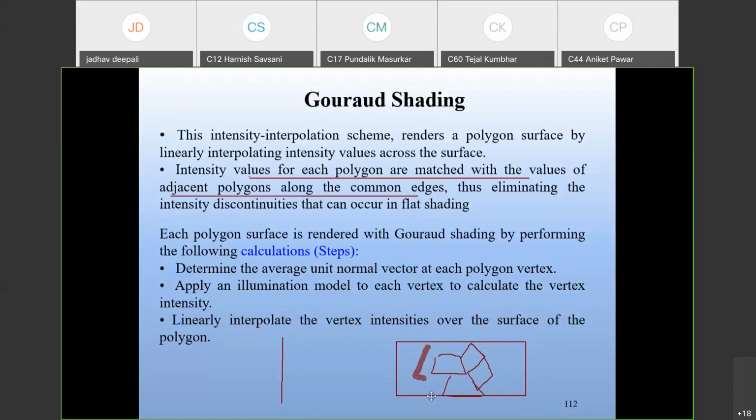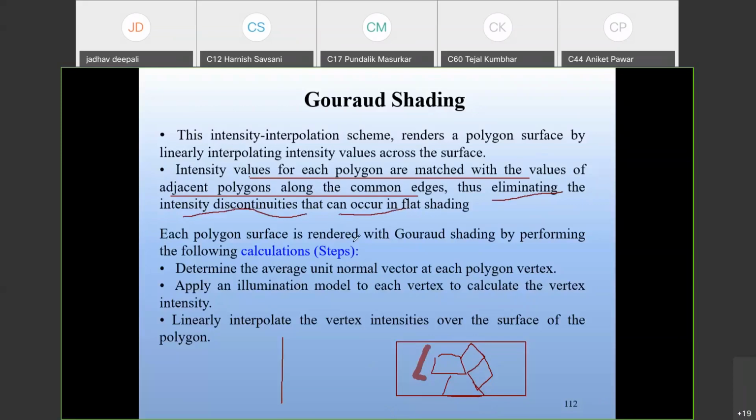In this way, in this scene, there are some surfaces which are made up of different polygons, different vertices. So here what we need to find out is the intensity illumination for each of these surfaces, with the values of adjacent polygons along the common edges. So in that case, we need to consider the common edges. This eliminates the intensity discontinuities that can occur in flat shading.